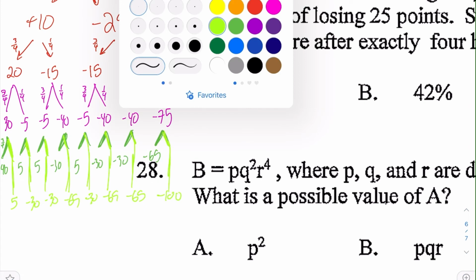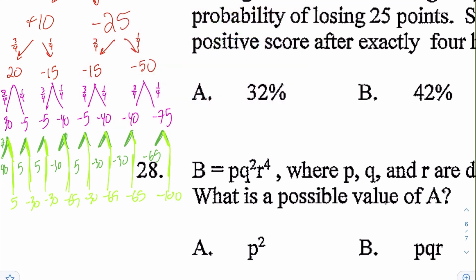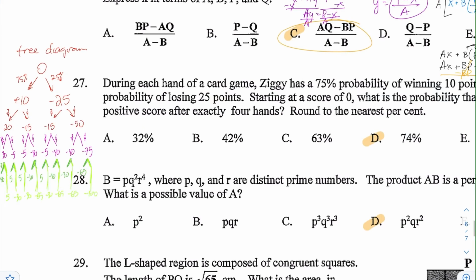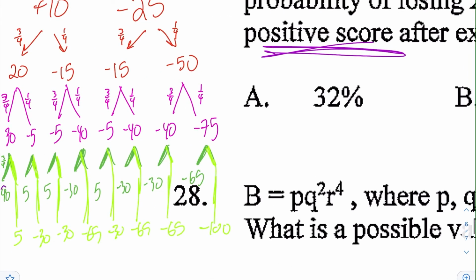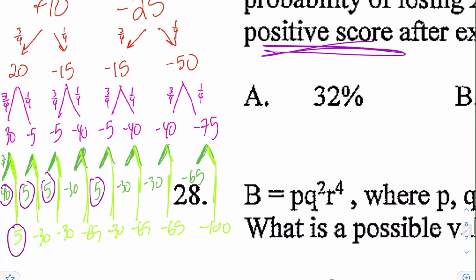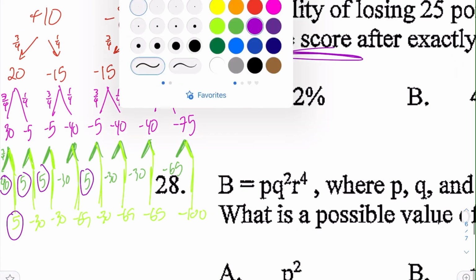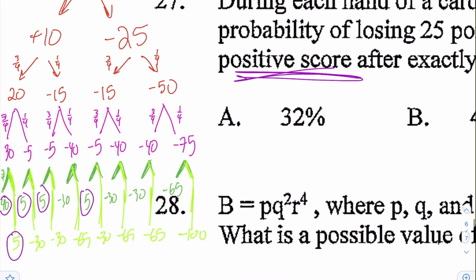All right, and each of these you have to keep multiplying by the percentages. So you only want the ones that have a positive score. So that's the 40, 5, 5, 5, and this 5. So there aren't that many branches here. Now to figure out the branches, you have to multiply these percentages.